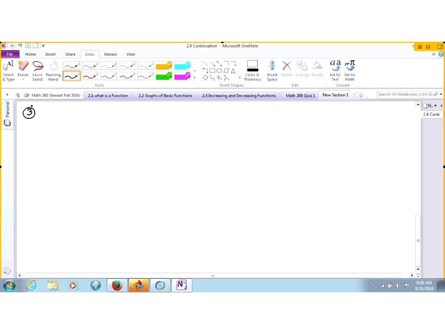X cubed, well, we could try X cubed. Okay. Well, actually, for X cubed, you can't use. Let's just use the square root again.